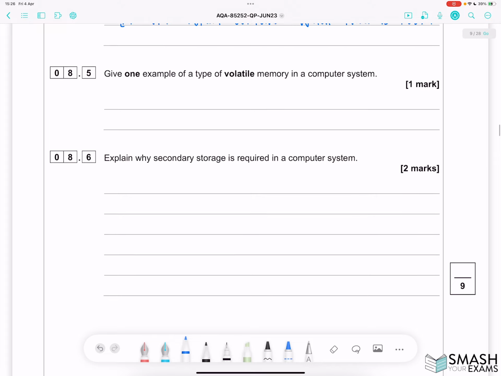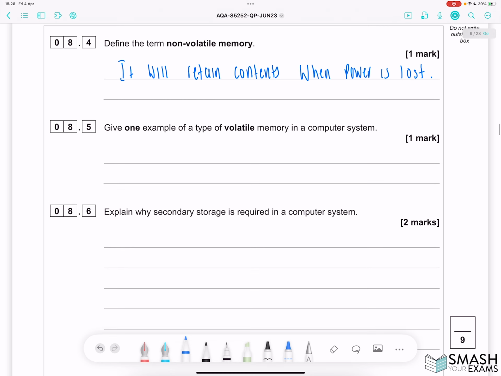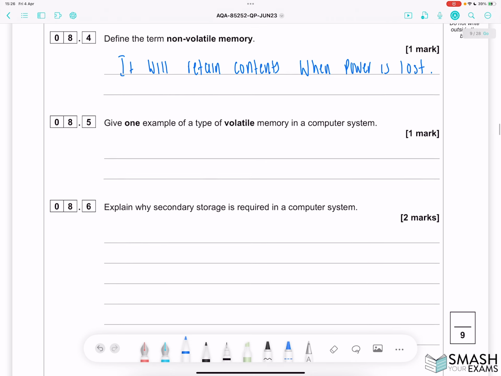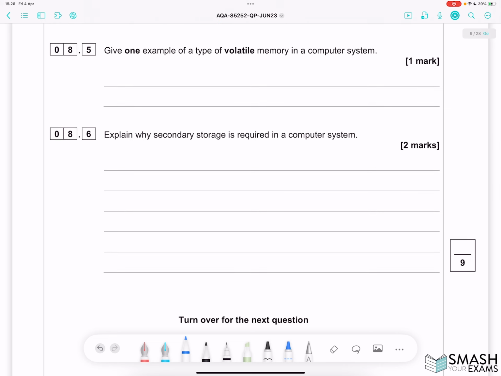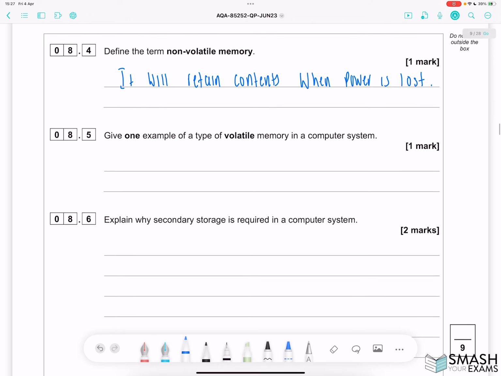Perfect. Now we need to give one example of a type of volatile memory in a computer system. So be careful here. We need to read the question because it just went from asking us about non-volatile to volatile this time. So we know that when we're talking about non-volatile, retaining contents, we're talking about secondary storage, for example.